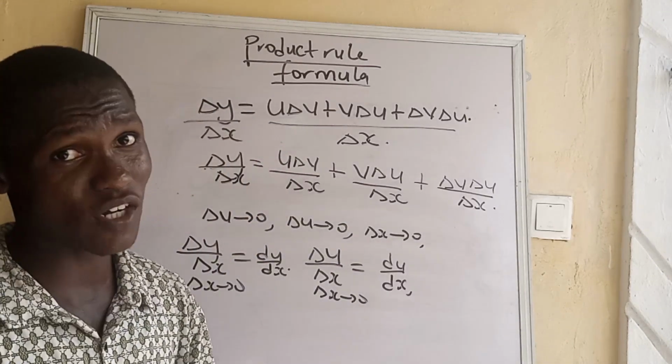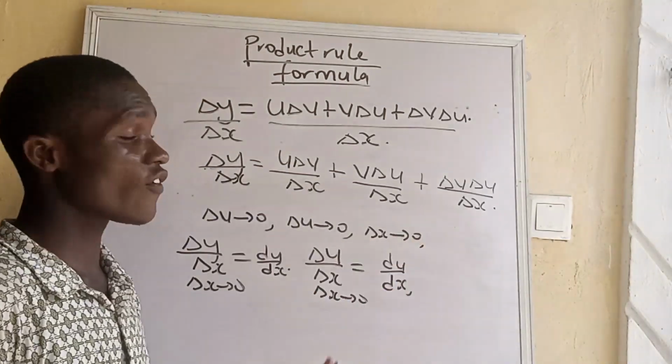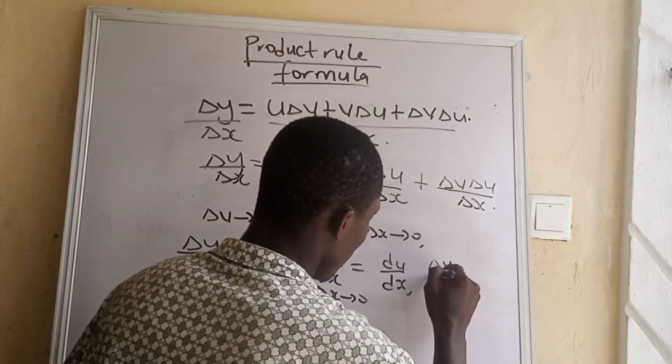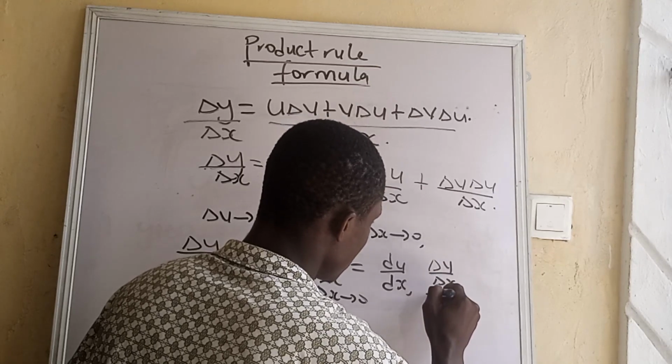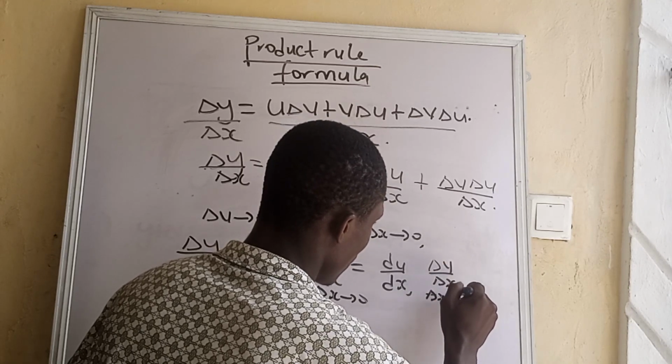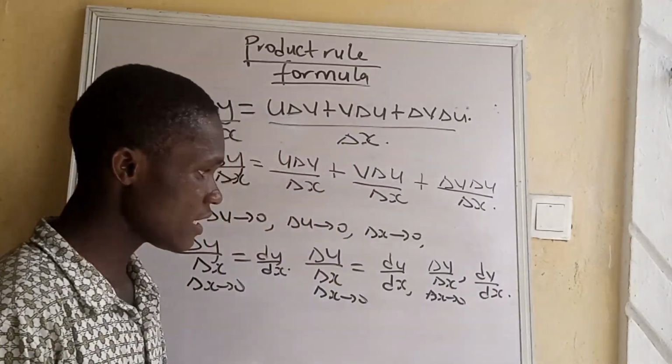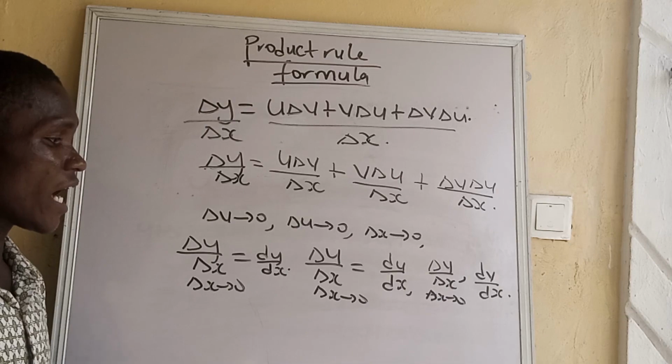And I believe you can assume the other one for delta v. So in other words, if we are having delta v all over delta x, limiting delta x to 0, we are having dv over what? Dx.